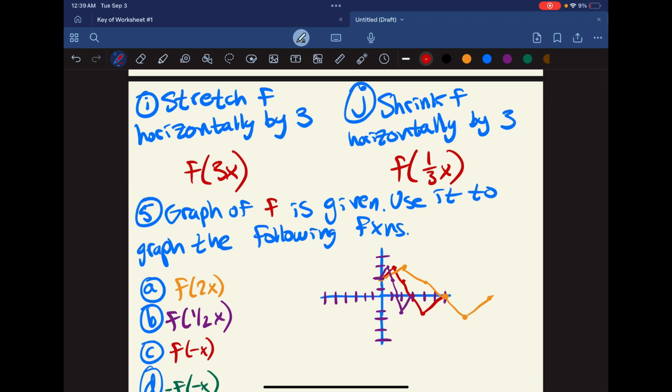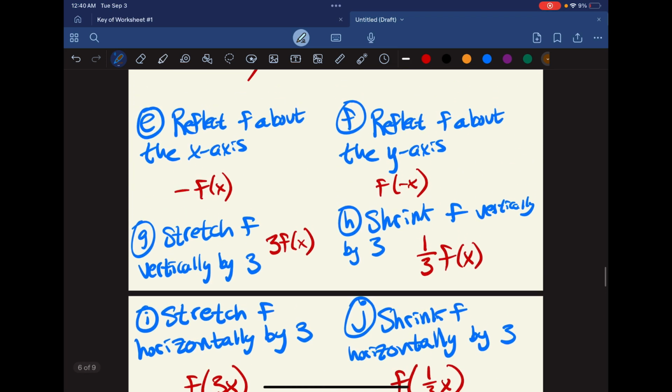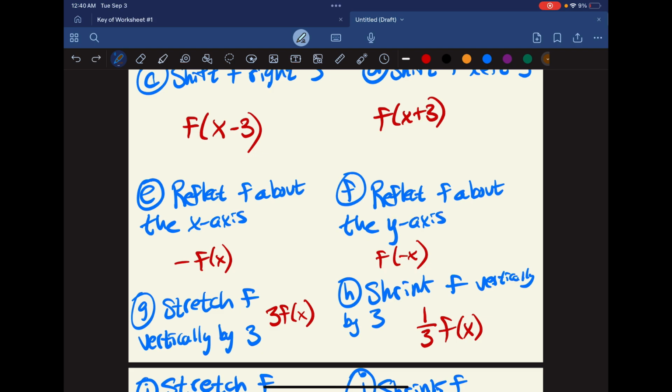Now for f of negative x. Let's make it brown instead. So f of negative x reflects it across the y-axis, taking that negative, because that's what we said here.